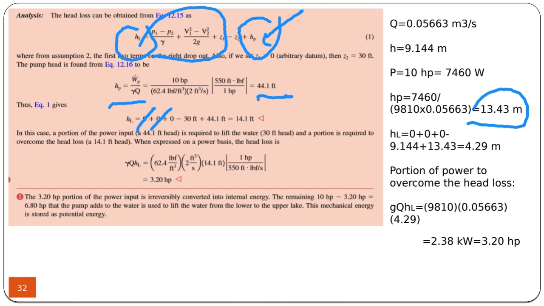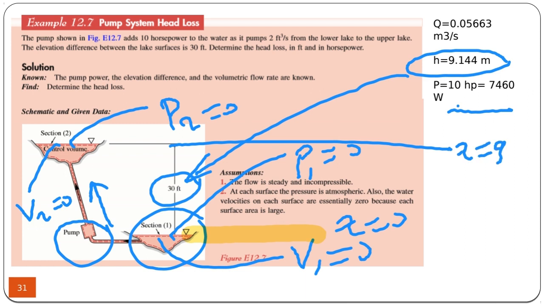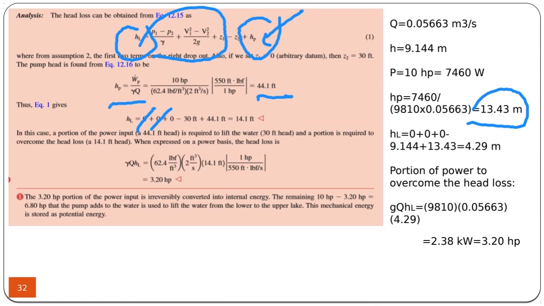So if you put these values here, the pressure terms are 0, the velocity terms are 0, and if you assume that the reference height is here, it means that at the lower section Z is 0, and at the higher section Z is 39.1 meters.